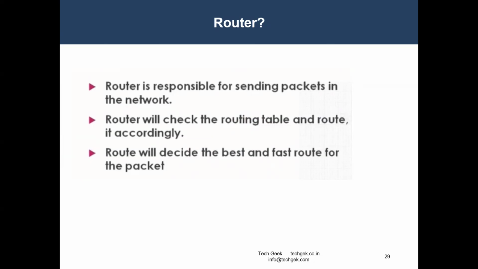It determines the path, how the data is sent, and what type of traffic passes. The router checks the routing table and routes accordingly. It decides the best and fastest route for packet transfer.